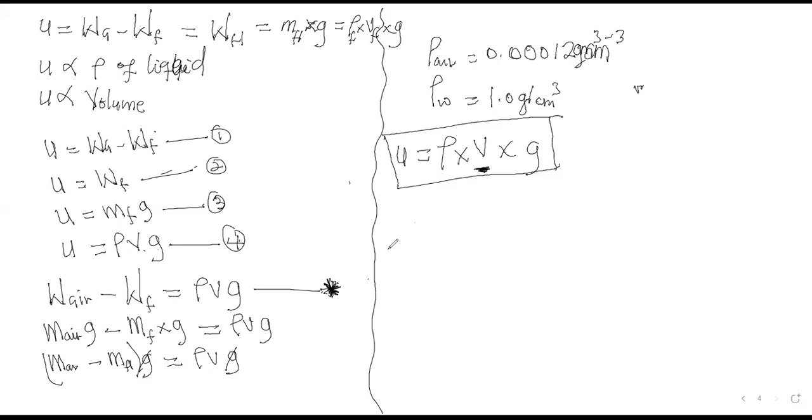An iron cube of volume 800 cm cube is totally immersed in A, water of density 1.0 gram per cm cube.